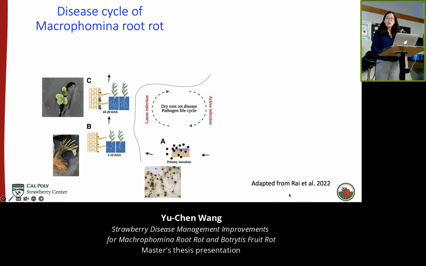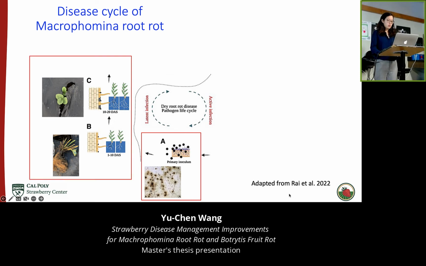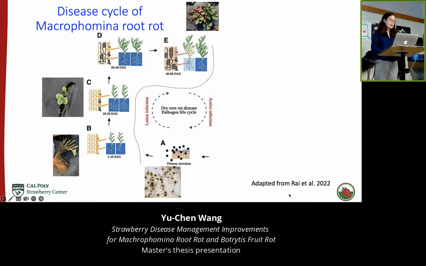Moving forward, after we plant strawberry into the soil, the latent infection actually occurs right away when the root tissue encounters the microsclerotia. The root exudate will stimulate the growth and germination of the microsclerotia. So the microsclerotia can germinate and grow, and penetrate into the root tissue. With further infection, they grow and colonize the root tissue more.